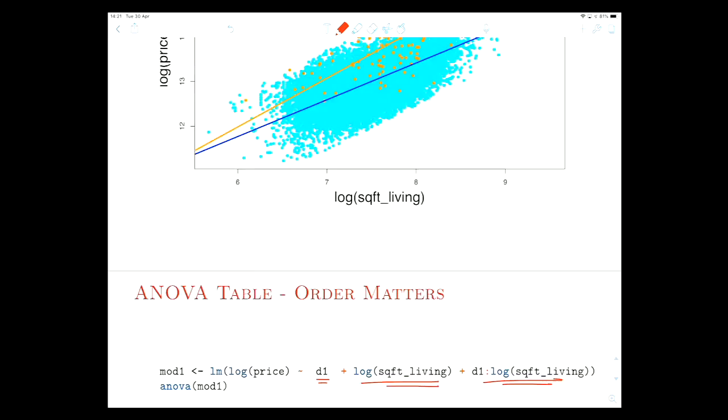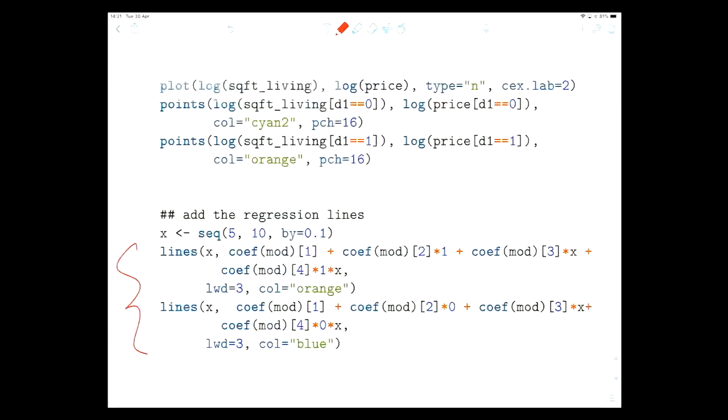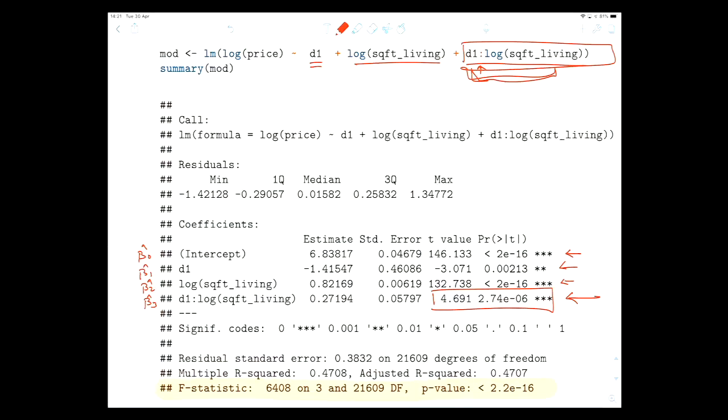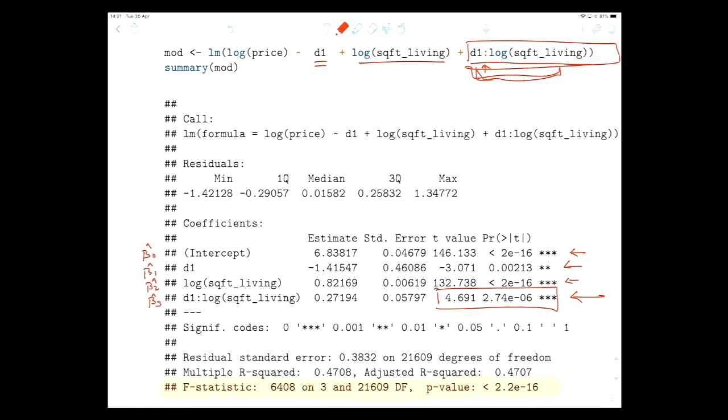Now notice this F statistic is the same as you would get by squaring the T statistic in our summary results for that interaction term.